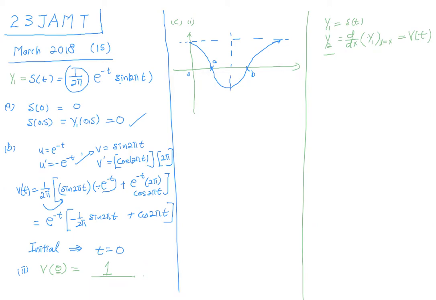Okay, then after they draw the graph, they say, hence interpret the integral from A to B of V(t) dt in terms of the movement of the object. Okay, part 2. You look at here, this is a velocity graph.